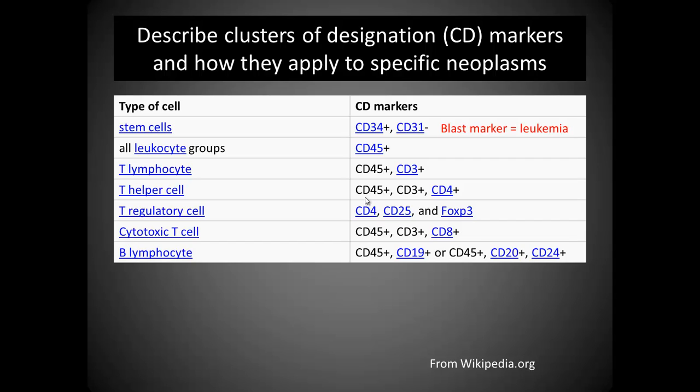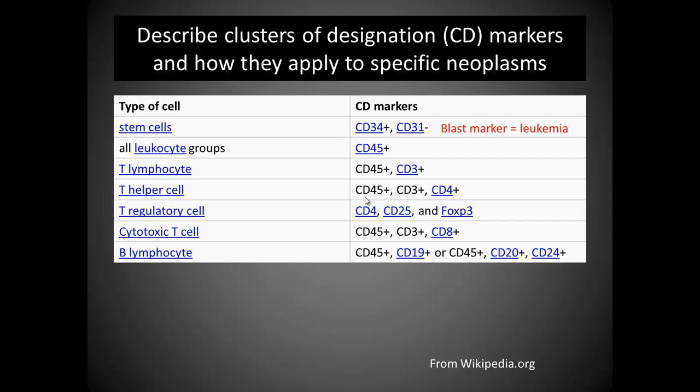CD45 is not very helpful because it's seen on essentially every single white cell in the body. But then you get into the more helpful ones, and you'll notice the next three are T cells, and basically they have low numbers. You'll see CD3, CD4. Those are the most common. Again, notice CD45's in there, but again, not that important because that's not specific for anything. The cytotoxic T cells are CD8, and you guys already knew that, but we can use these to classify them.